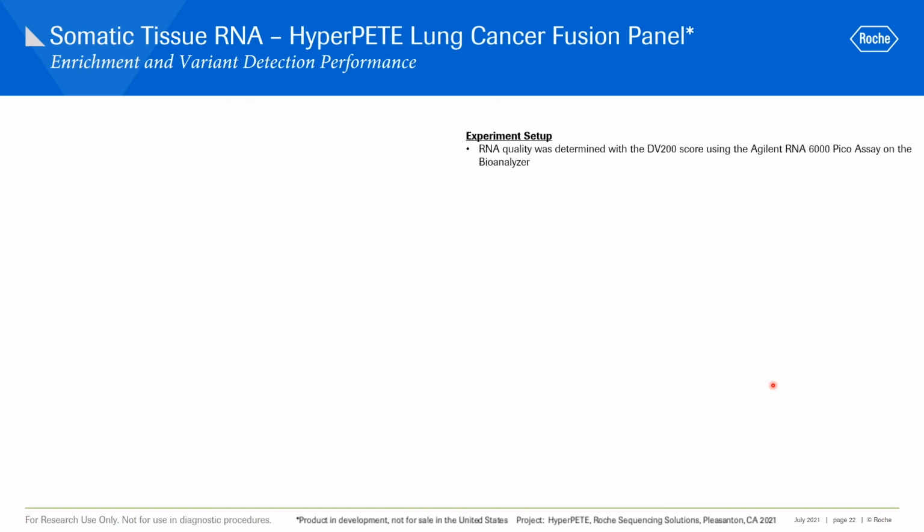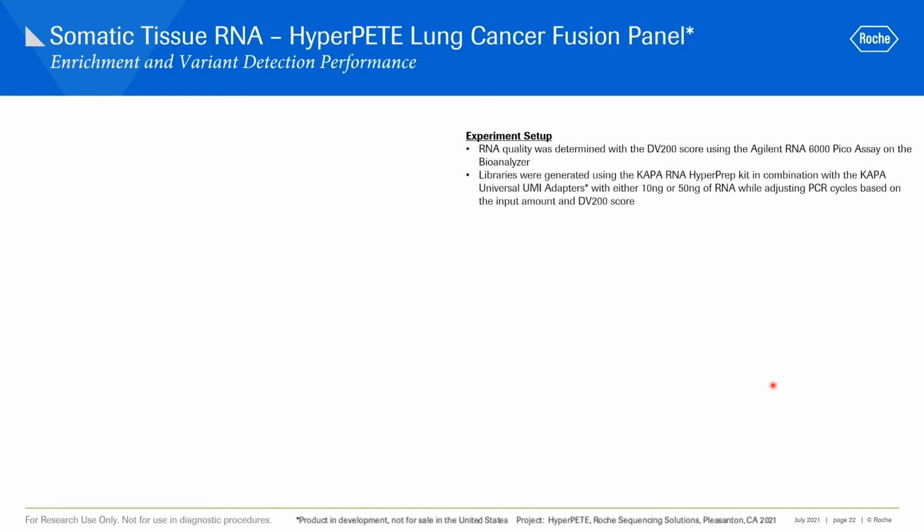Experimental setup was RNA quality was determined with the DV200 score using the Agilent RNA 6000 pico assay on the bioanalyzer. Libraries were generated using the Kappa RNA HyperPrep kit in combination with the Kappa Universal UMI adapters with either 10 nanograms or 50 nanograms of RNA while adjusting PCR cycles based on the input amount and the DV200 score.